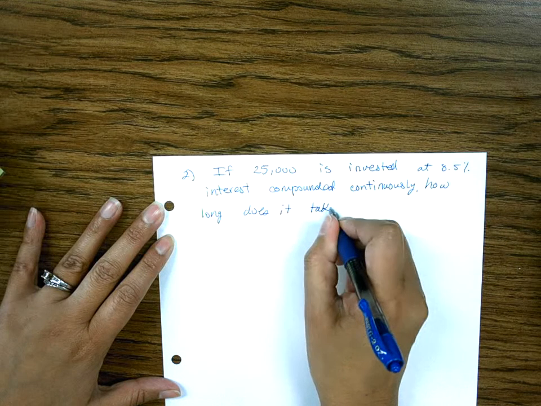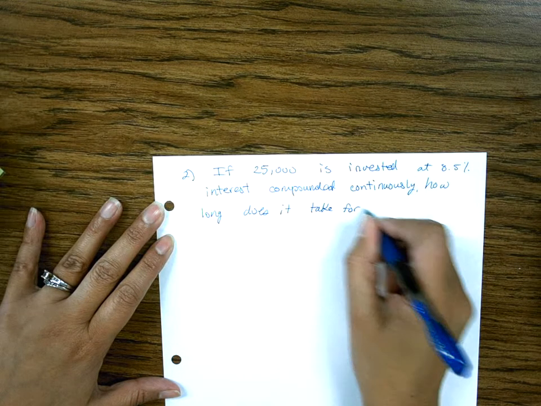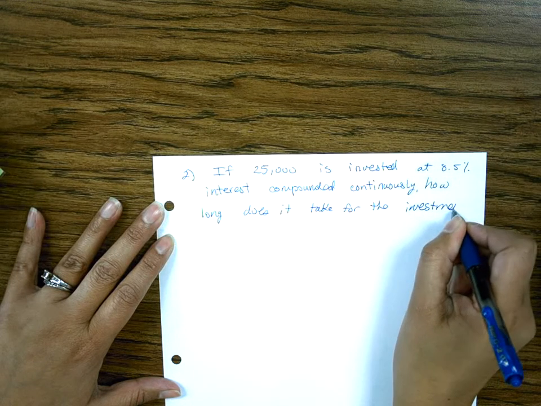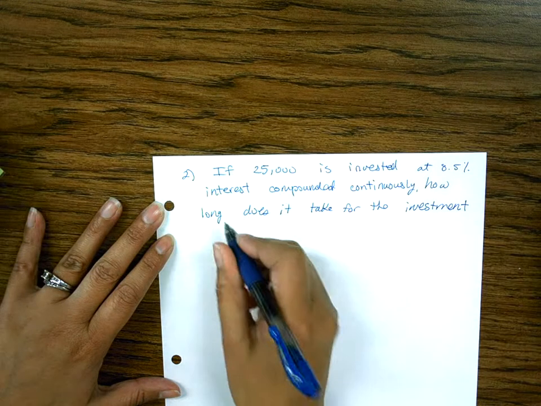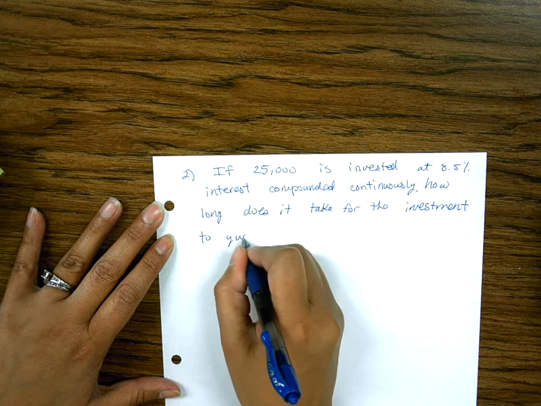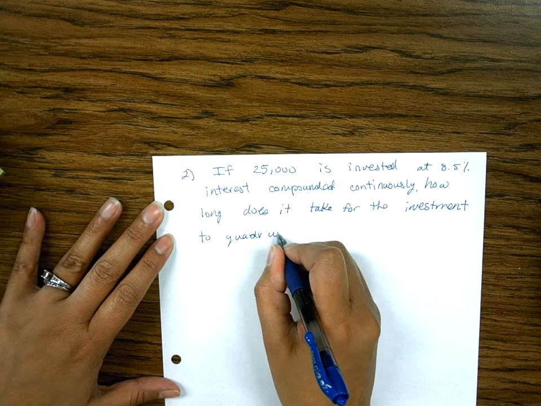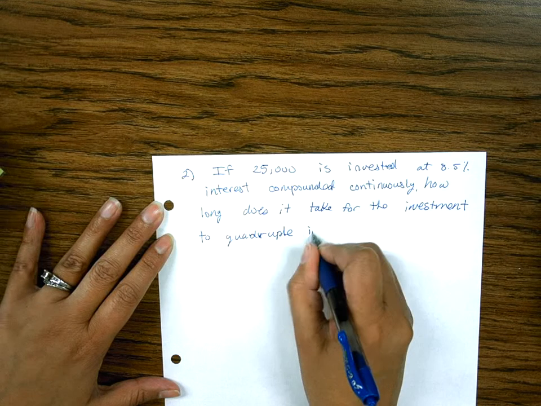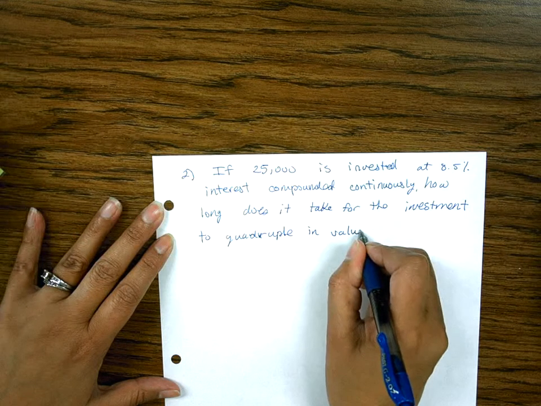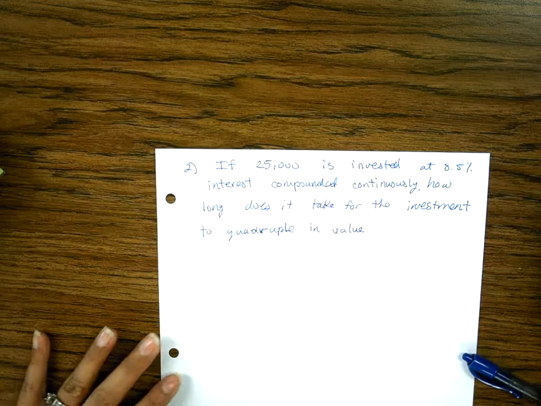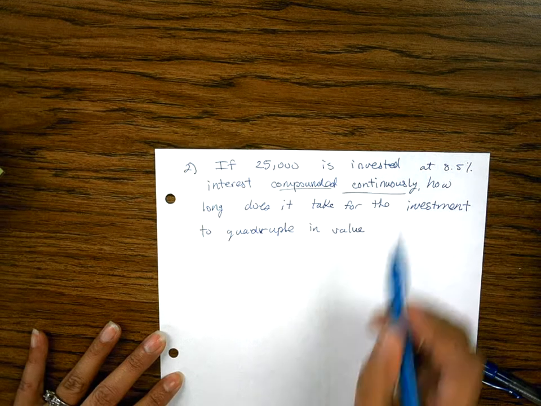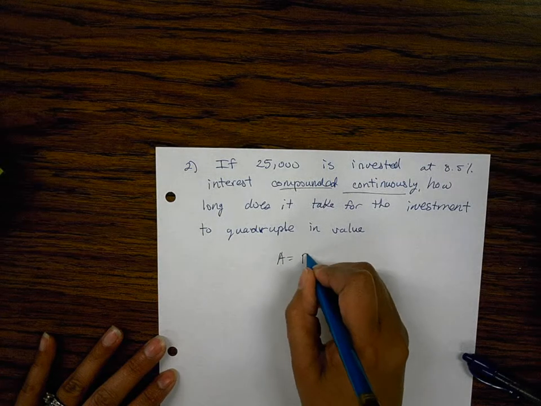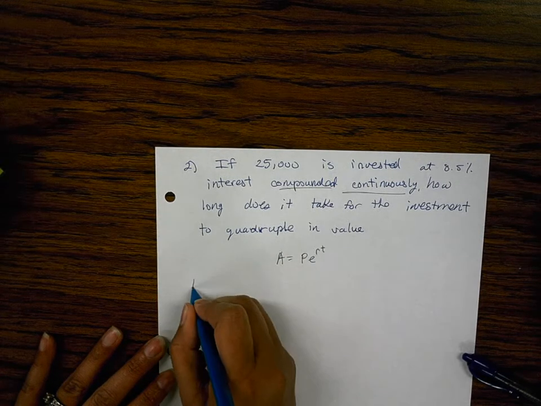How long does it take for the investment to quadruple in value? Okay, so the key word here is compounded continuously, which means we're using what I call the PERT formula.